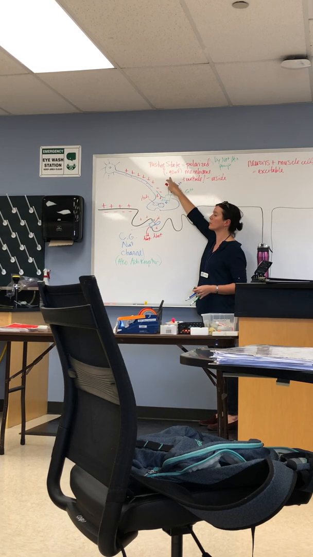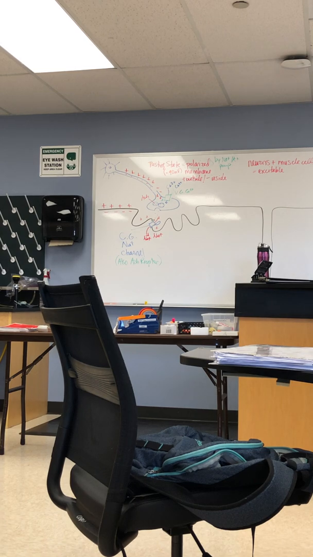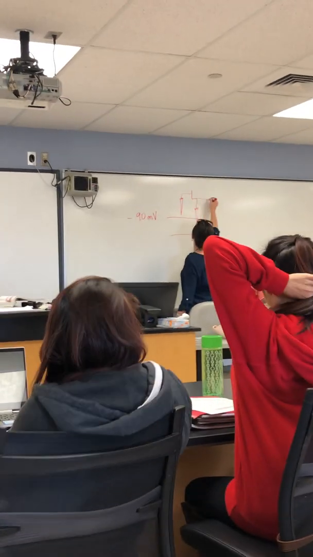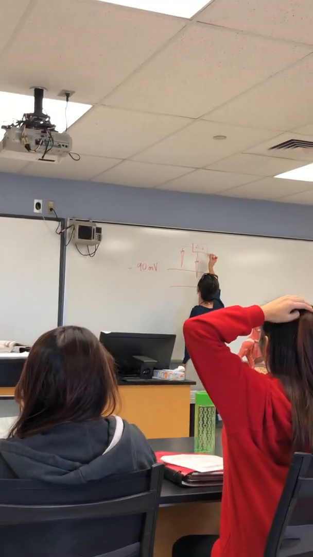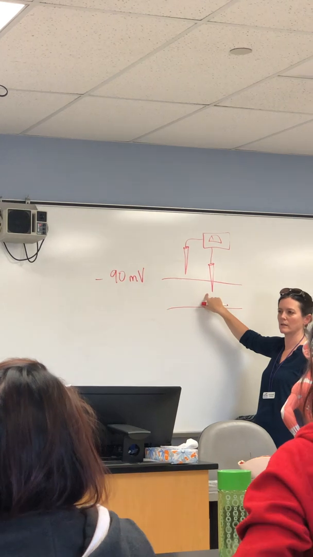So two pieces are important. I'm gonna put this over here, if you guys wanna write it somewhere else. When you're looking at a charge across a membrane, what we're doing is basically taking a sample of the charge on the outside and comparing it to the inside.